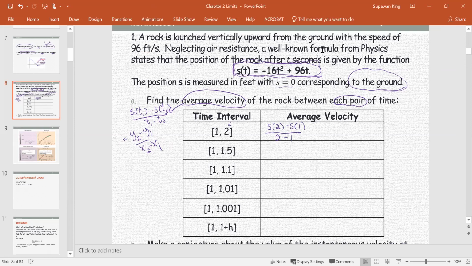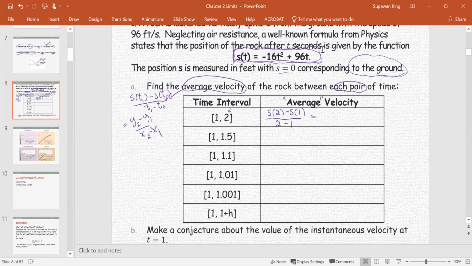It's exactly the same as the slope formula, and we use it to find the average velocity, the same way for the rest of them. So let me set up, and then I'll let you work on it. s(1.5) minus s(1), divided by 1.5 minus 1 for the second pair of times, and keep going the same way.